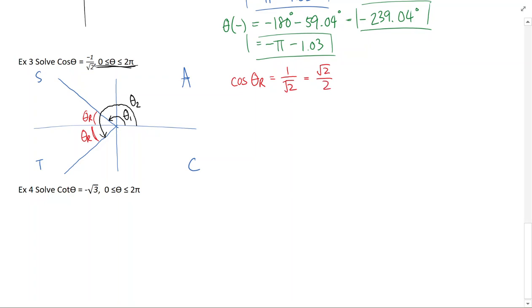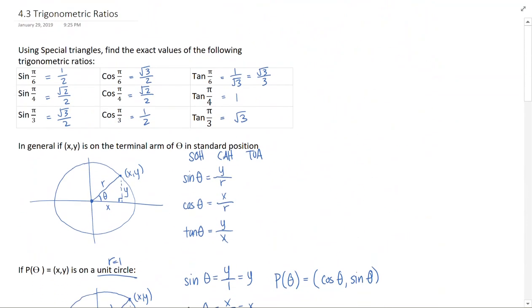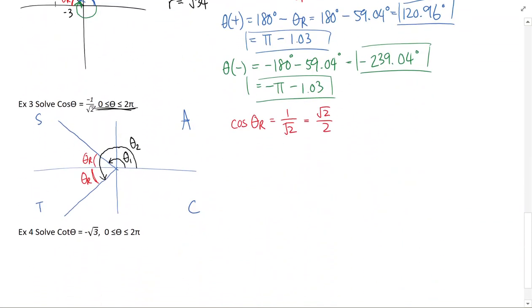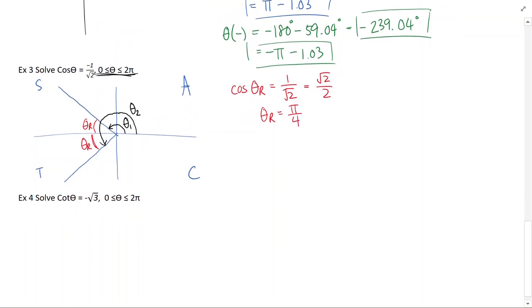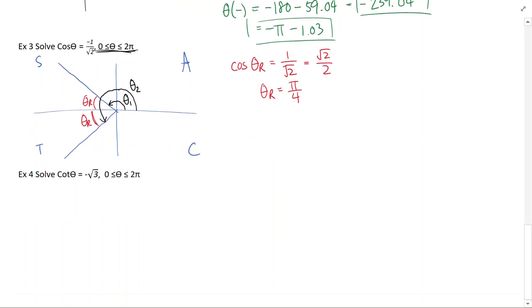Now, looking back to our chart from the beginning, I'm just going to scroll up really quick. Root 2 over 2, this is the one we're looking at. When we have the angle pi over 4, that is the ratio we should get. So from our table, we know that our reference angle must be pi over 4.